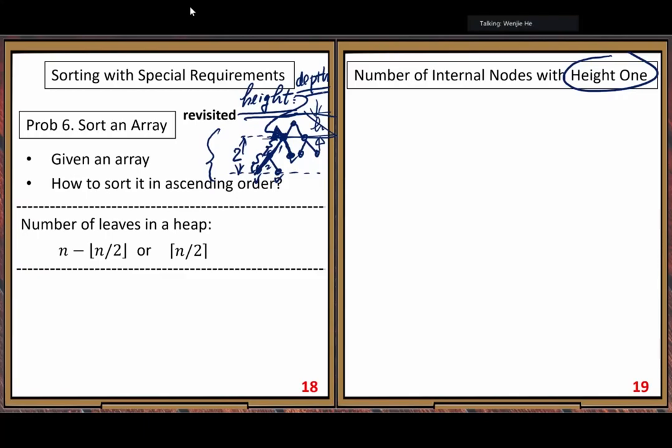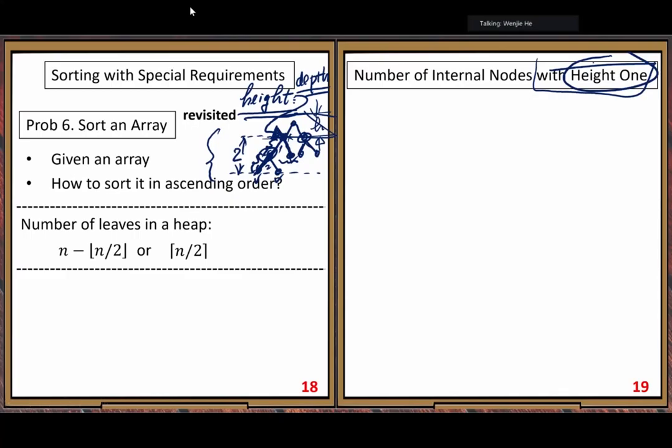Height 1. This node, only one edge in the path. Height 1, right? But not this one, because although it has one edge, it's not the longest path. Okay. So based on this understanding, now we want to count the number of internal nodes with height 1.